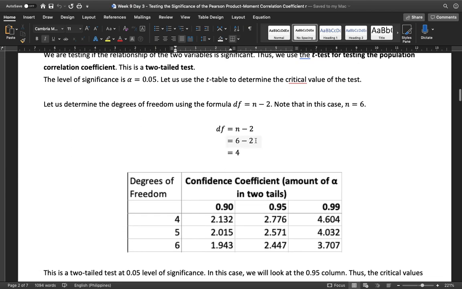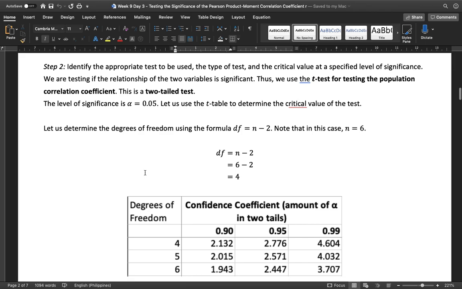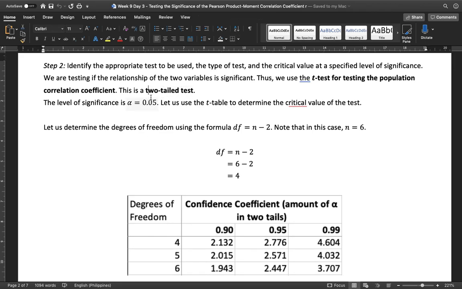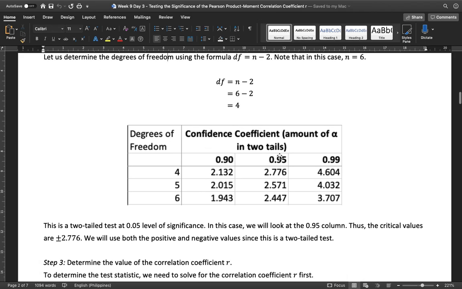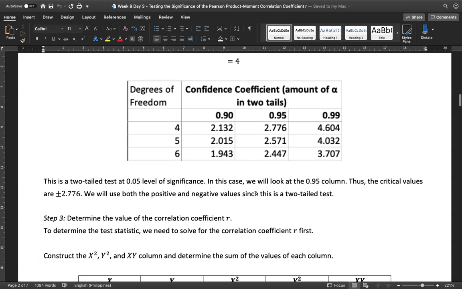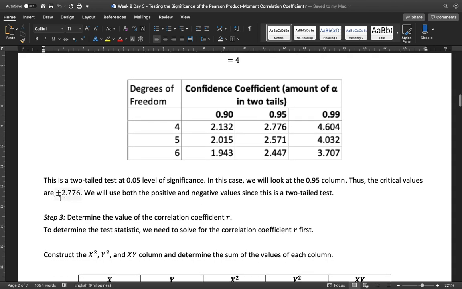Okay? 6 minus 2 is 4. And we have a two-tailed test at 0.05. We look at the column of 0.95. So, 4, anong corresponding value niya? 2.776. So, the critical values are positive, negative 2.776. Two-tailed, so positive, negative.